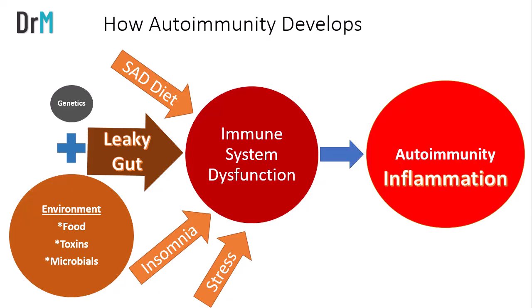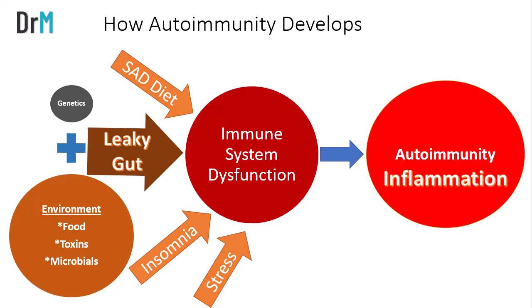Additional factors include the SAD diet, which is the standard American diet, also insomnia, and also stress. All of these together create the immune system dysfunction, which results in autoimmunity.